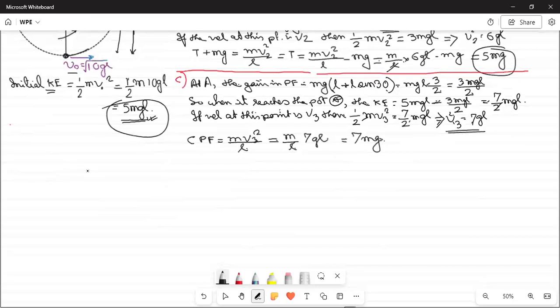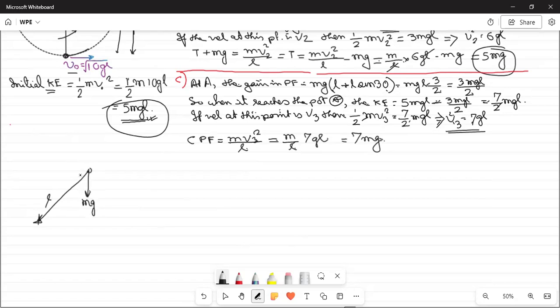At this point, this is the center, this is the length L, and at this point, the downward force is mg, and the component of mg which is working in this direction is mg cos 60, right?